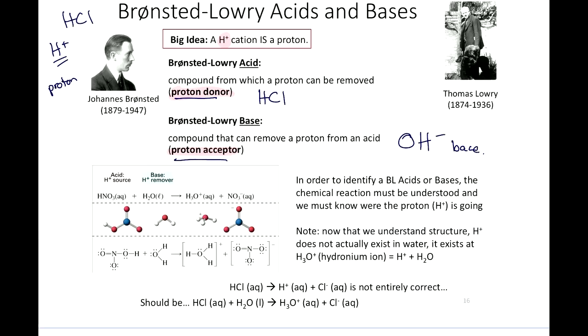So kind of following along with our Arrhenius acids, we know that the presence of H plus indicates it's an acid. But with Bronsted-Lowry acid-base theory, we think about it differently. A Bronsted-Lowry acid is a compound that a proton can be removed from, or we can think of it as a substance that can donate its proton during a chemical reaction. So if we see here HCl, when this reacts in water, it can donate that H plus to something else.